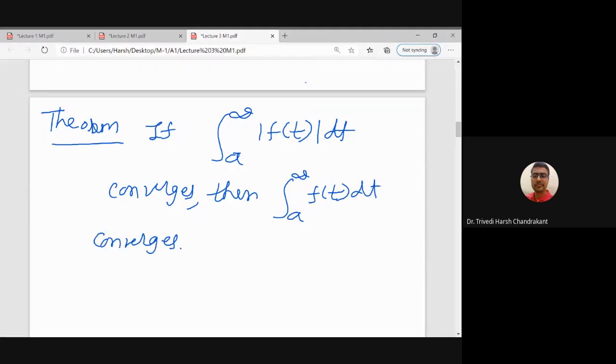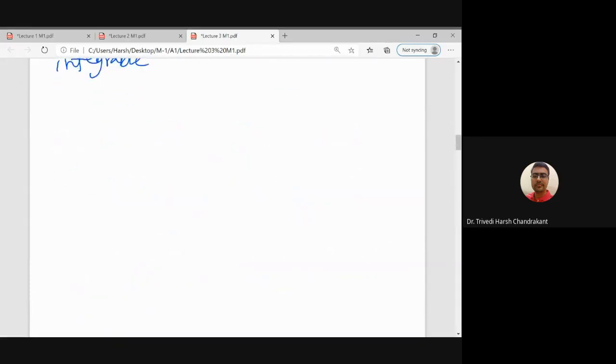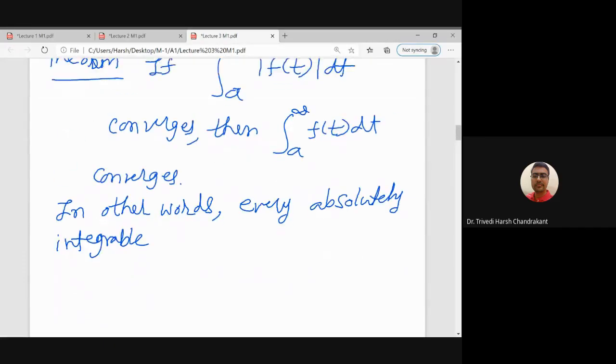In other words, what we are saying here is that every absolutely integrable function is always integrable.